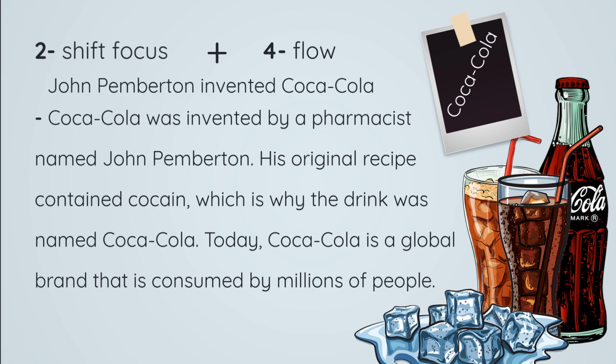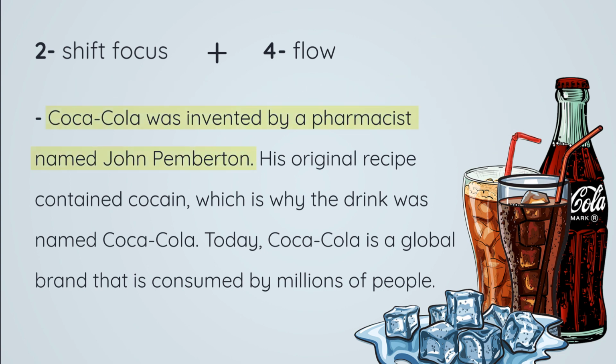John Pemberton invented Coca-Cola. We don't really care about John Pemberton. We care about what he invented. So we switch around the sentence, right? Coca-Cola was invented by a pharmacist named John Pemberton. Easy. We put the focus on the Coca-Cola. The other information comes later.